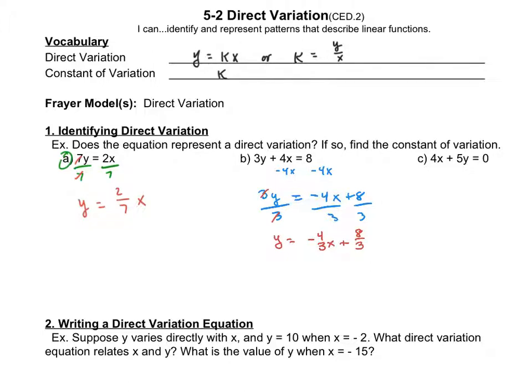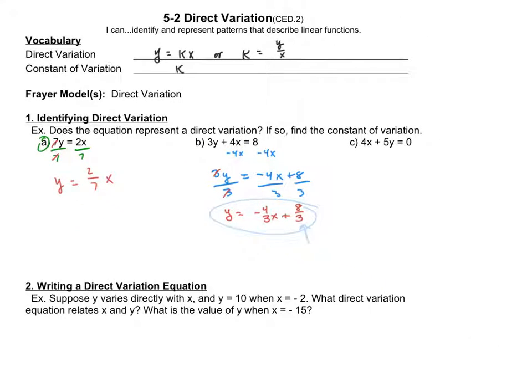This does not meet the direct variation requirement, because it does not pass through the origin 0, 0, because my y-intercept is 8/3. That is not 0, so that does not meet direct variation.